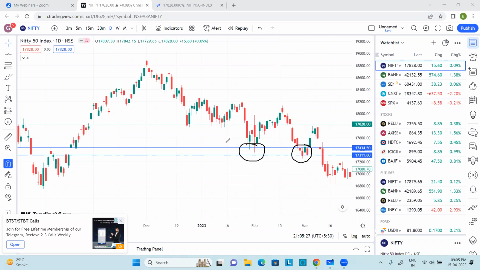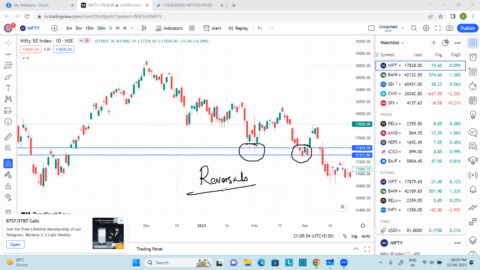So we always expect a reaction from the support and resistance zones. First thing I will tell you right now, write down or remember: don't expect reversals always. Most coaches teach that reversal happens from support, but that will not happen.